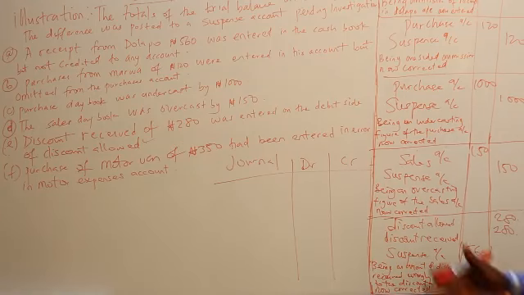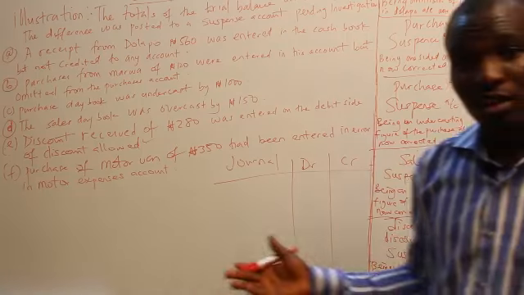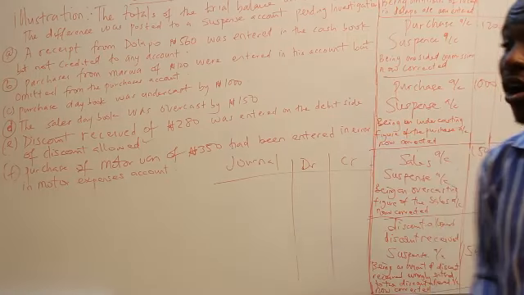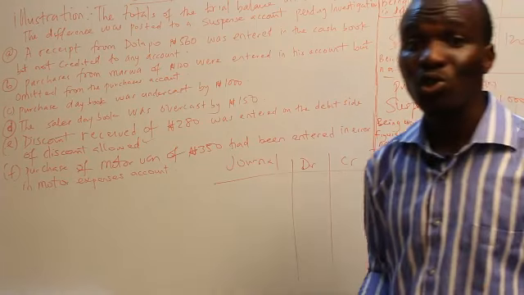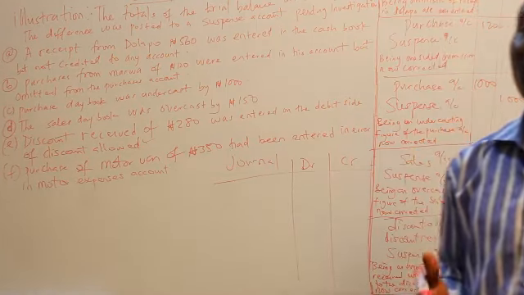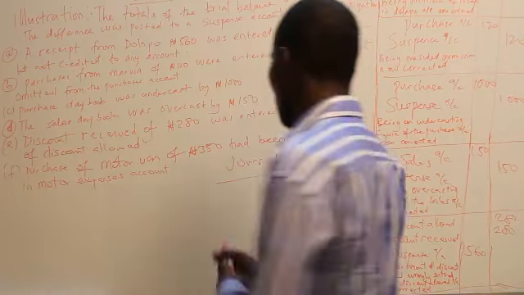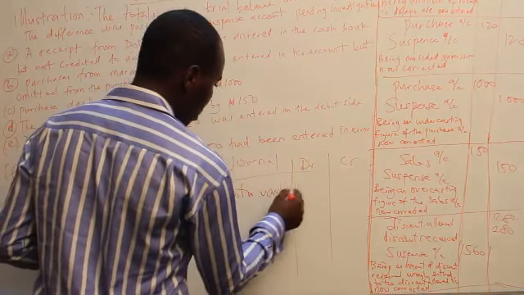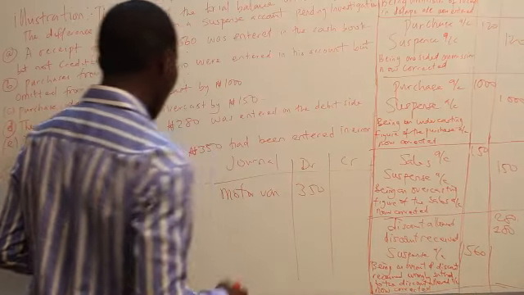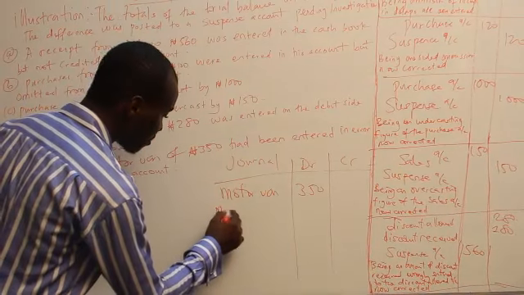What are we going to do? We have to credit the motor expenses account to cancel the wrong amount from the account. And what we are going to do next is to correctly enter the amount into motor van account by debiting the motor van account. So we're going to debit motor van account at 350 naira and credit motor expenses account.